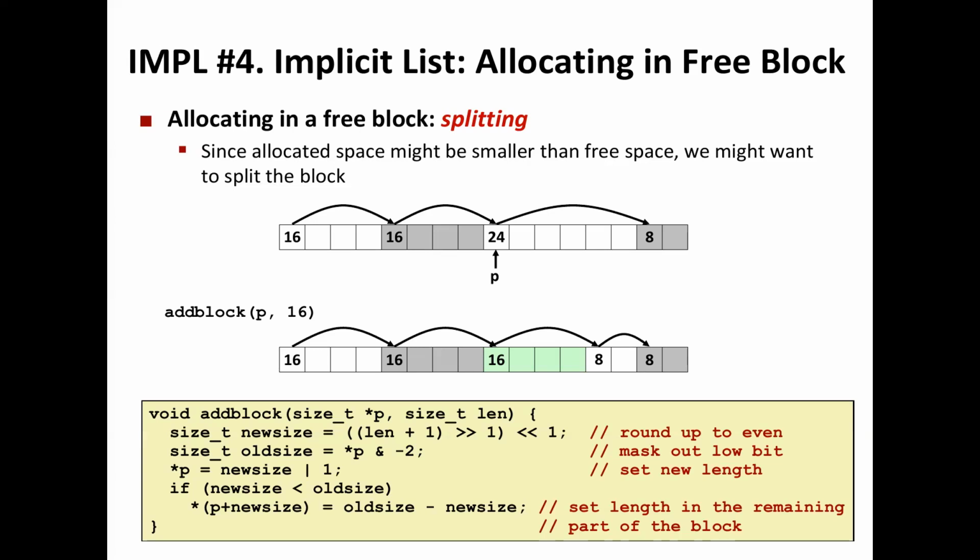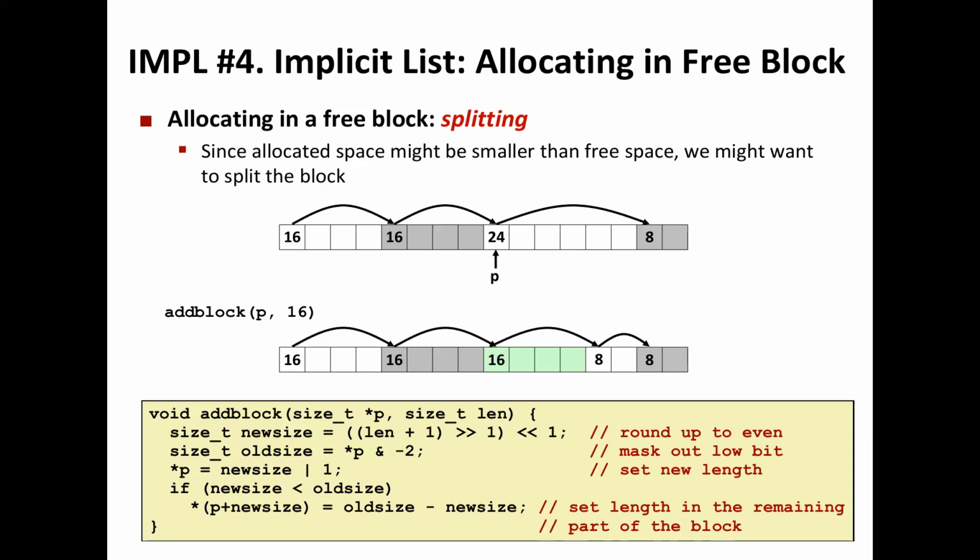So now old size is what? This is P, and then we have to throw away the lowest bit. So we dereference P and throw away the lowest bit, so this is mask with -2. Now the new block will definitely be marked as allocated, so you have new size bitwise OR 1.